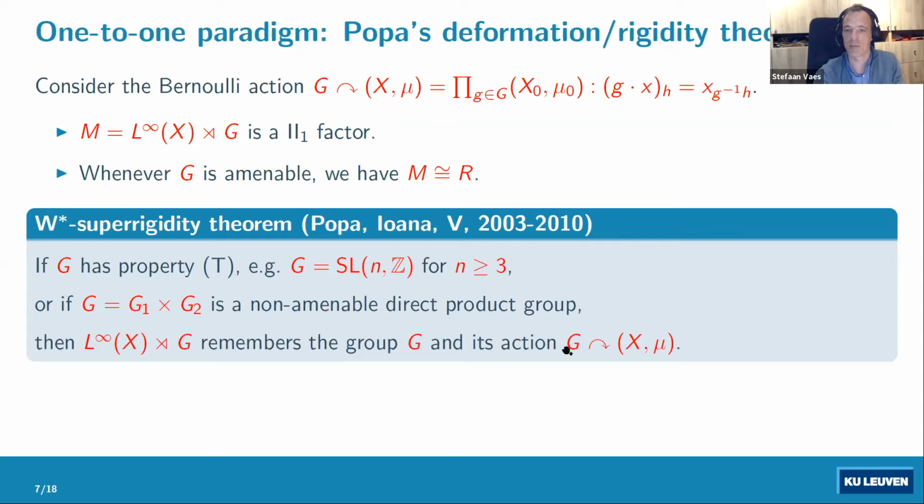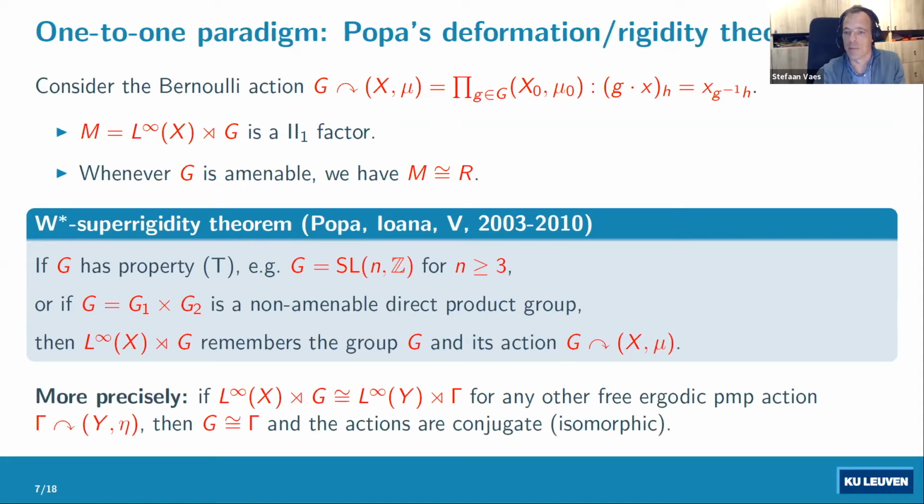So what does that mean more precisely? It means that if you would realize this same II_1 factor in any other way as a cross product, then the two groups must be isomorphic and their two actions must be equally isomorphic. So this is the most extreme form of rigidity, where the entire initial constituents can be recovered from this ambient II_1 factor.